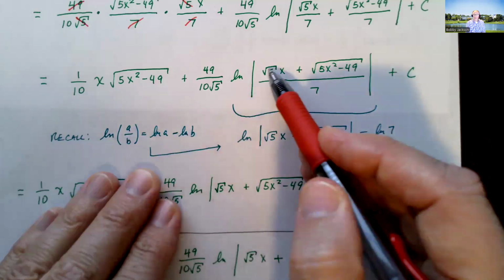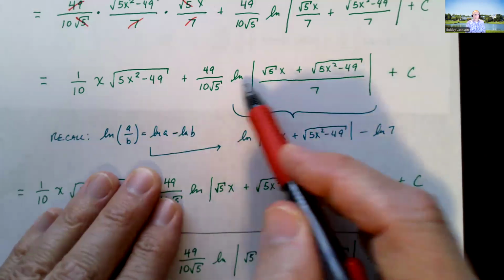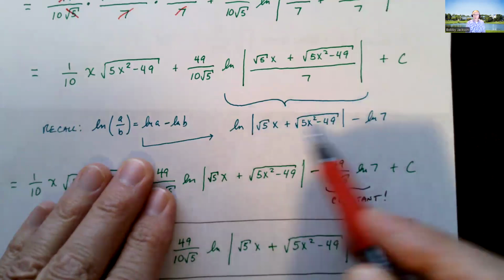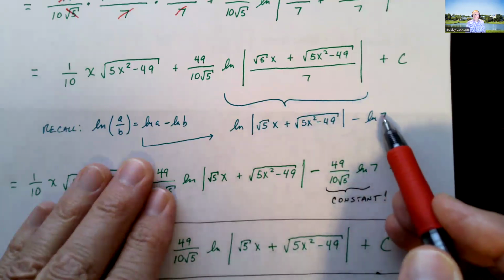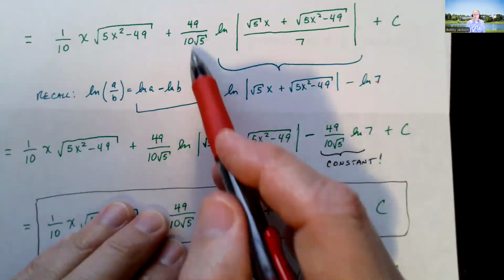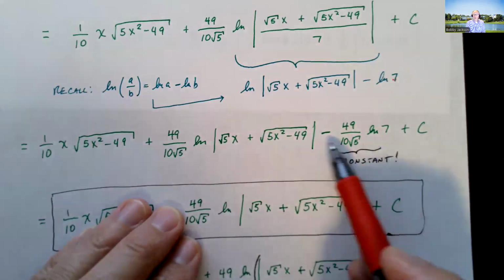So here the a is the numerator and b is just 7. So the log of a over b will be the log of a, I put that in absolute value bars, minus log of b. And if I distribute this over both of those, I get the following down here.